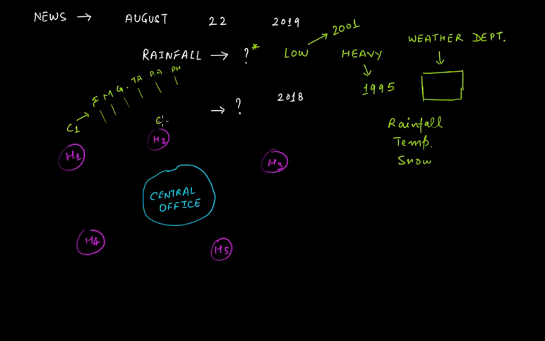And let's say child 2 takes birth here, and the same data is collected here. Child 3 takes birth here, and the same data is collected here also. Then child 4, then child 5. Let's suppose only 5 children took birth in a single day.